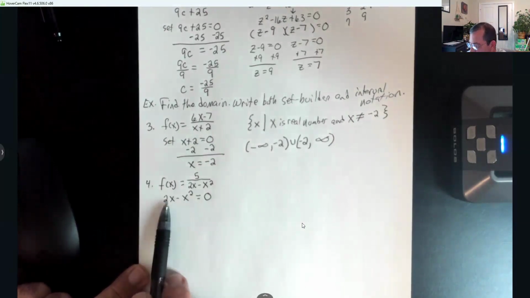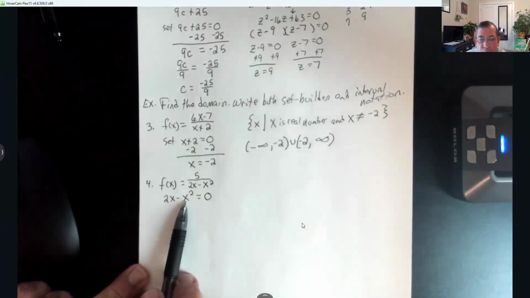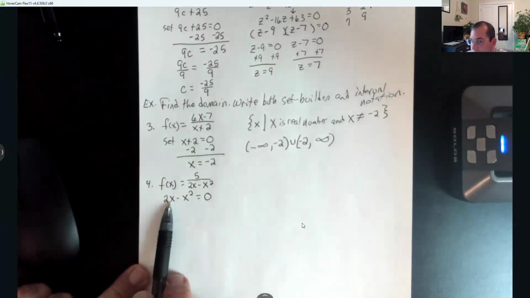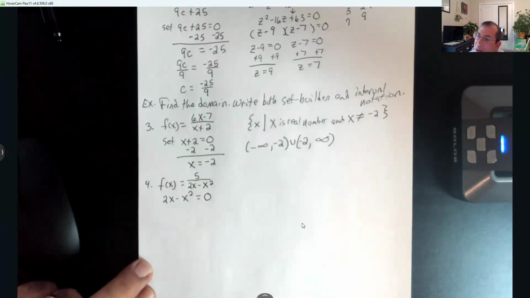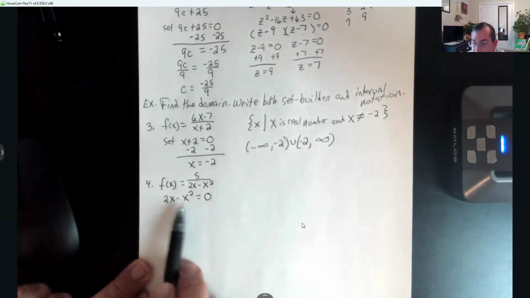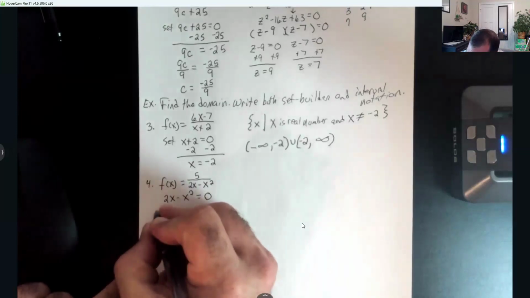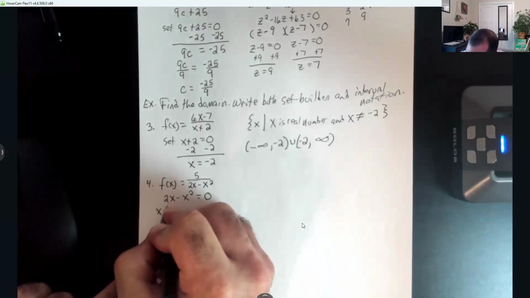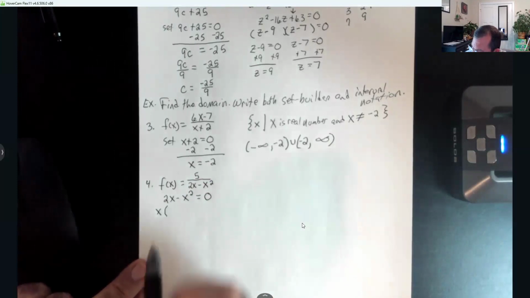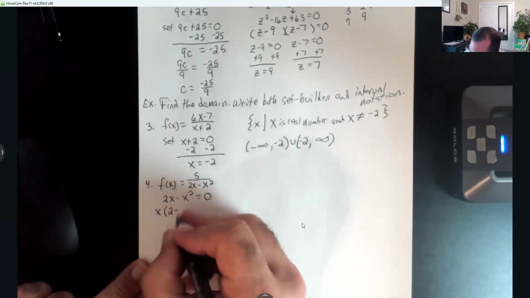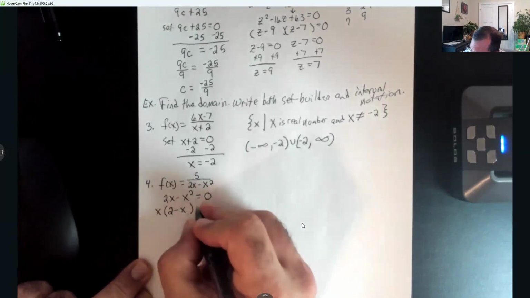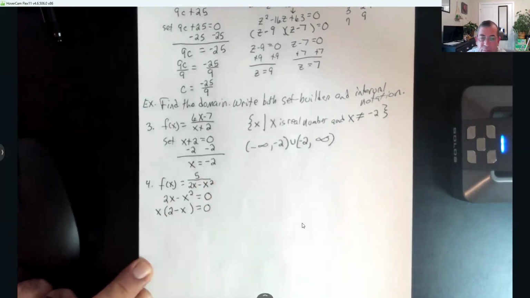But y'all, I want you to see this. This is an x squared term and an x term. We can solve this pretty quick if we factor out a greatest common factor. Because look, both of these got an x in them. So I'm going to factor out an x, and that'll leave a 2 minus x, all of this equal to 0.